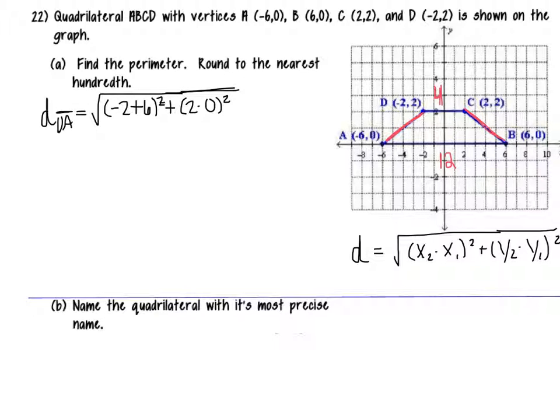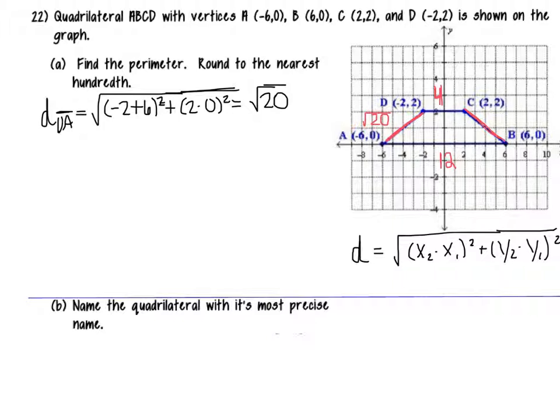All right, I'm going to type that into my calculator, and I get the square root of 20. Okay, I'm going to leave that exactly as it is right now, and I'm not going to do any rounding. I'm just going to leave it as the square root of 20. I'll do my rounding in the end.